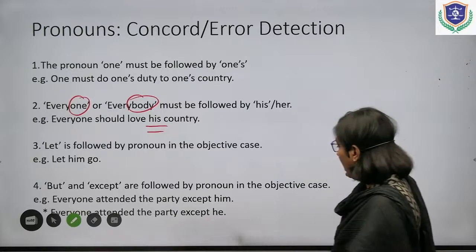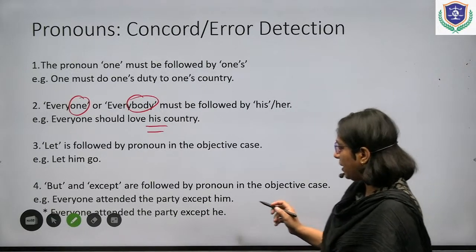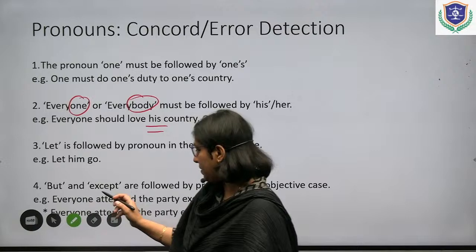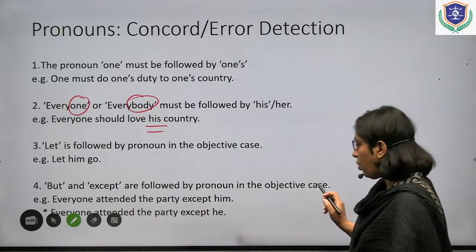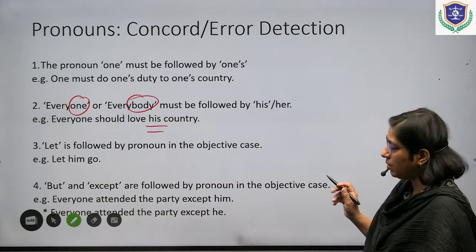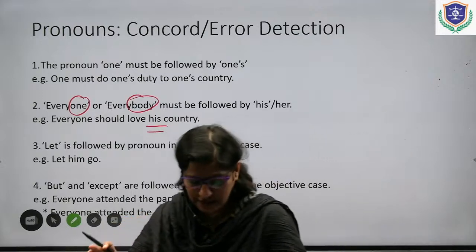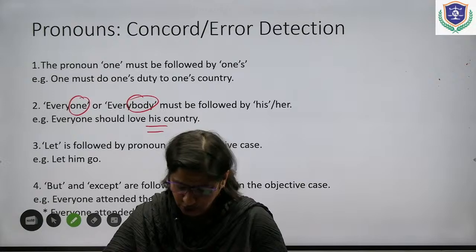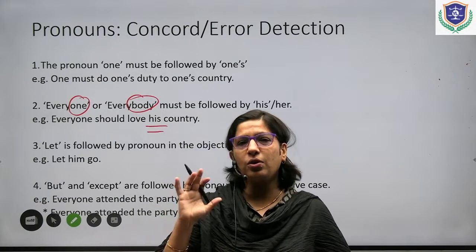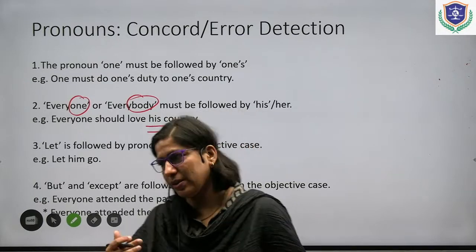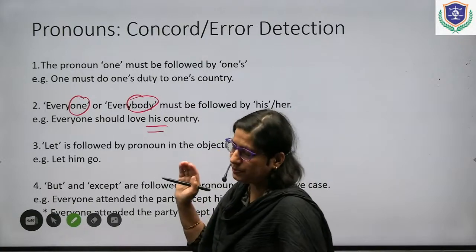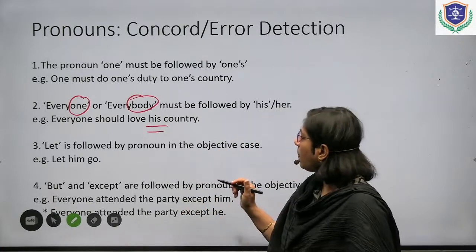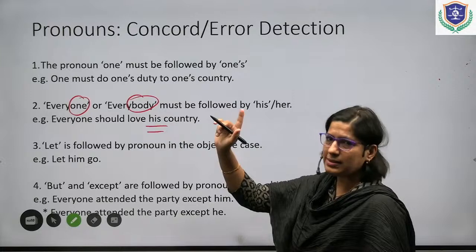Now, but and except are followed by the objective case of the pronoun. This particular PPT is actually like a crash course on grammar, depending on the mistakes which we make. We have looked at articles, at nouns.